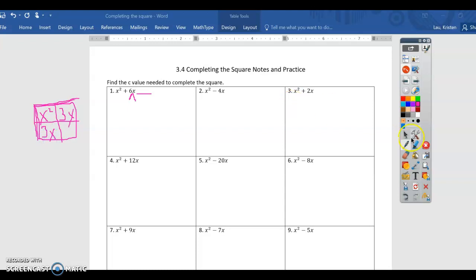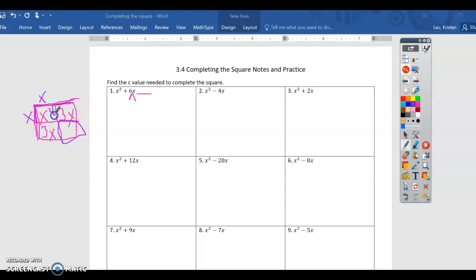and 3x, okay? So then we want to know, what do I need to add right here to make this correct? So I'm going to think about, what is the length and the width of this square have to be so that when I multiply together, it'll give me x squared. So that's x times x. Okay?